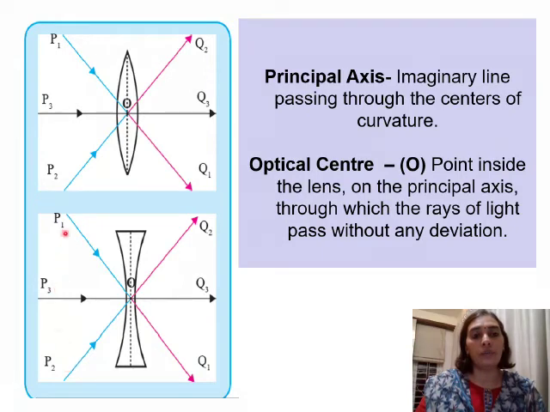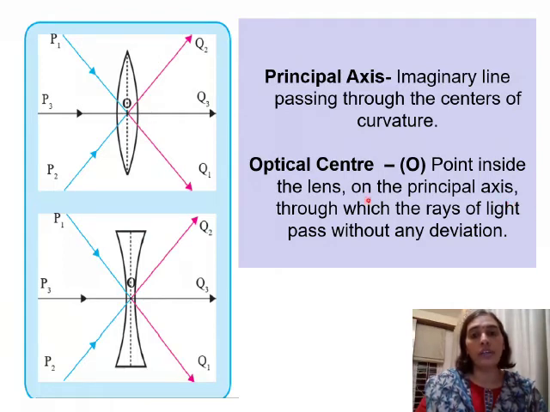In both types of lenses we have shown three rays, and all three rays are passing through the point that is inside the lens and on the principal axis. When a ray is directed through the optical center, it is going to pass undeviated, meaning it is not going to get deviated or refracted.